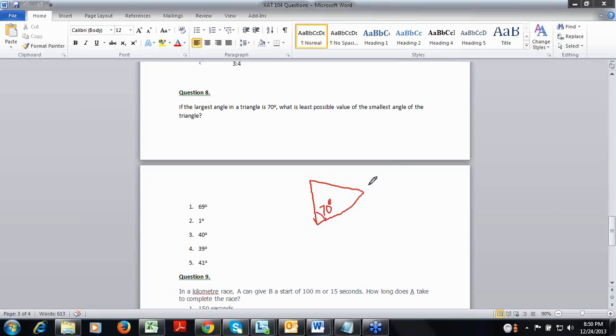Now the rest two will be what? The sum of rest two angles will be 110 degree. So what will be the least possible value of the smallest angle?